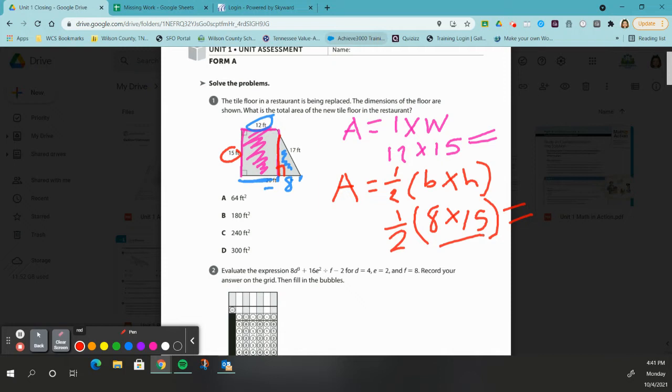So again, you want to find the area of your rectangle, find the area of your triangle, and add them together to give you your total area. So that is how we find the area of a shape when it is not a parallelogram or a triangle.